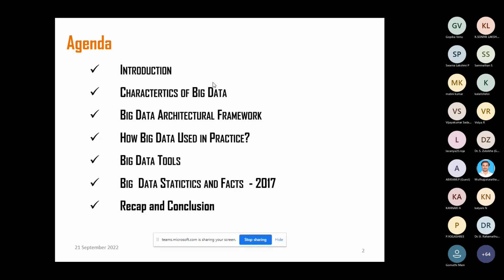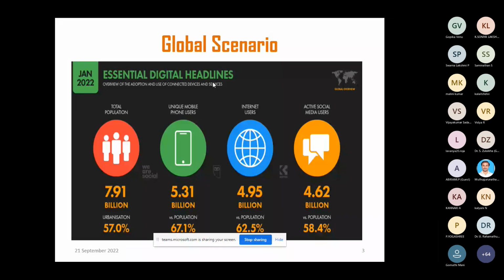Let me directly get into a global snapshot as of January 2022. We can get some insights from these statistics. Total population has reached about 7.91 billion, of which 5.3 billion users have their own mobile phones, of which 4.95 billion people are using the internet, and social media users are about 4.62 billion.